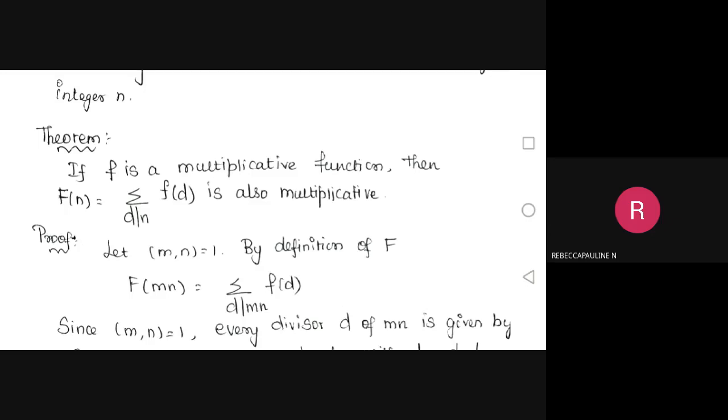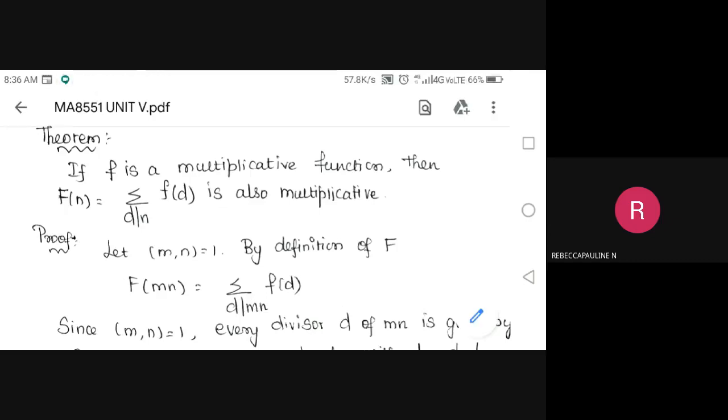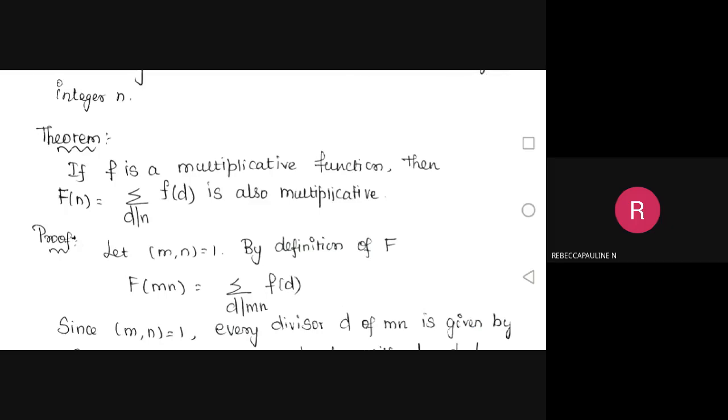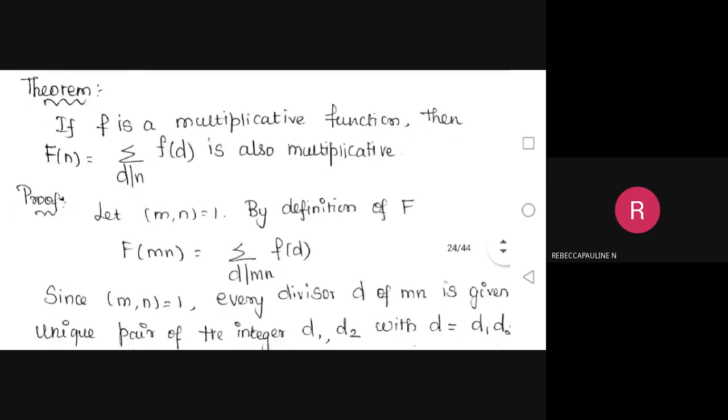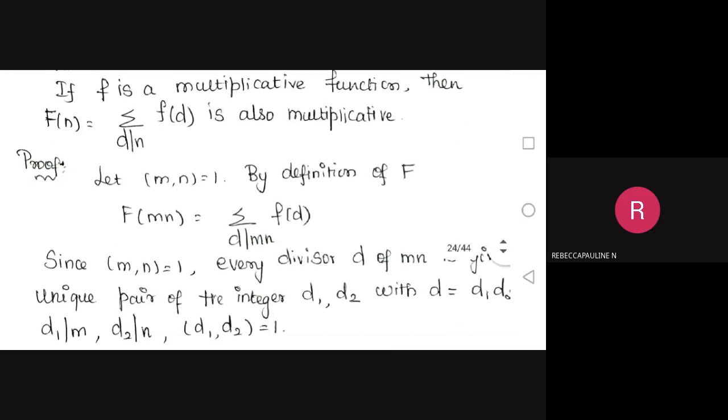We know the definition of capital F, as given in the theorem: capital F of n is equal to summation d divides n f of d. My aim is to prove that capital F is a multiplicative function. So capital F of mn can be written as summation d divides mn f of d.